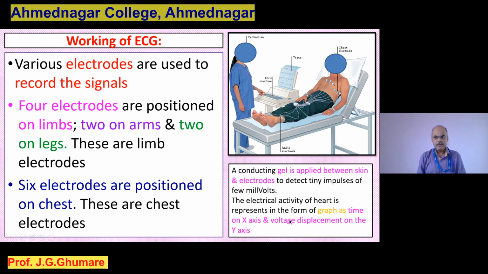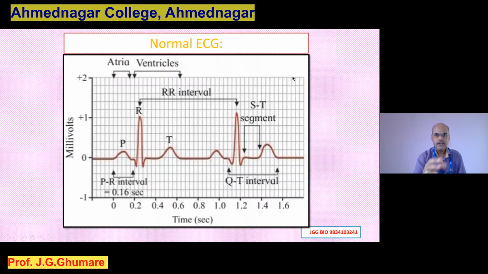I'll repeat, the graph which is produced will show time on the x-axis and voltage displacement on the y-axis. That's it. This is something about the working of the machine. I told you everything is computerized here, so we need not do any harm to the body. Only electrodes are fitted here, and the machine will produce the ECG here. Okay. How is a normal ECG or standard ECG that we are talking about?